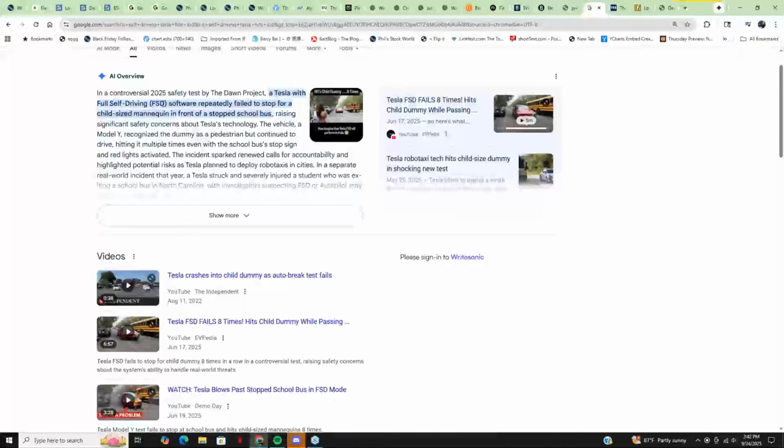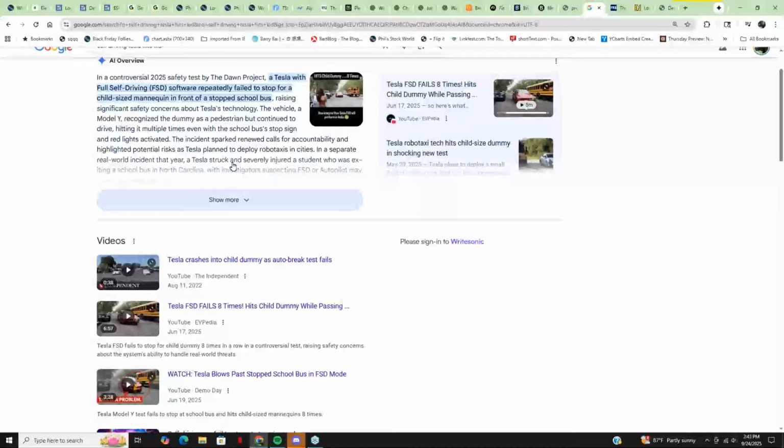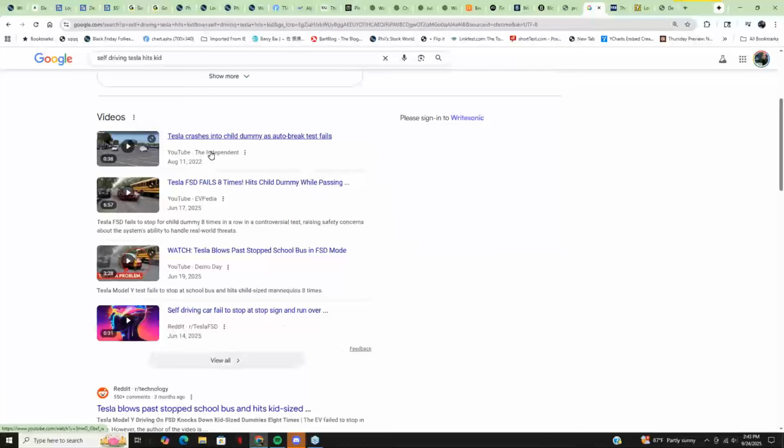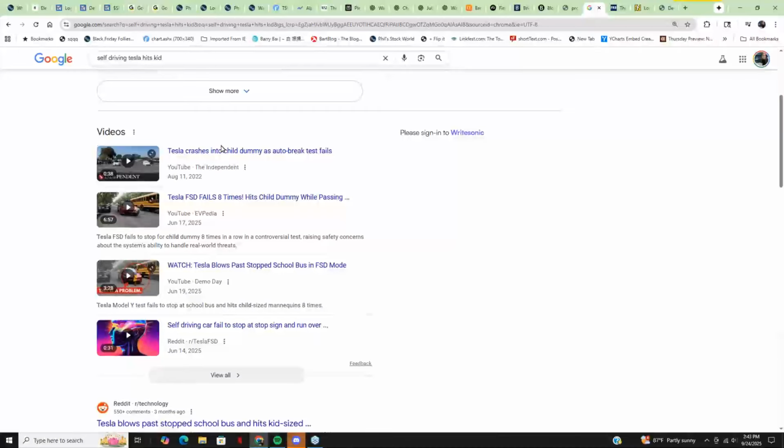The Dawn Project tested Tesla with full self-driving repeatedly, and these were, I don't want to say scientific, but properly conducted tests, and it just plowed over children and mannequins of children and things like that in the road, even under pretty good conditions. In the rain, forget it, because it's a camera system and it can't differentiate anything in the rain.